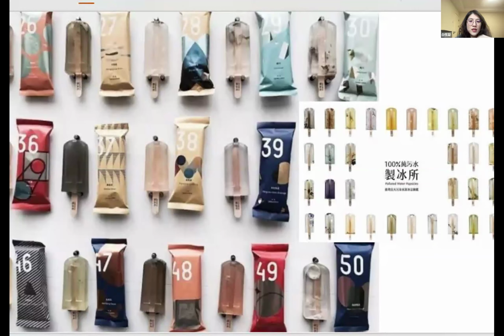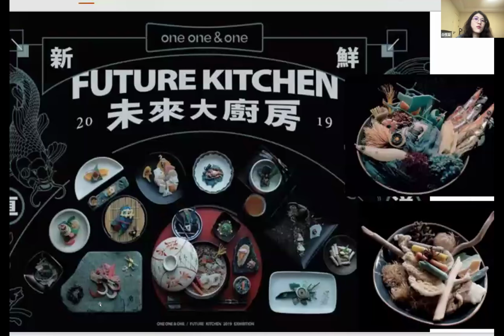So if the angle is exactly the same but the entry point is different, well, this is also a project from an art group called One and One, and this project is called the Future Kitchen. They pick garbage from the ocean and make it into a meal, a kind of Japanese meal.